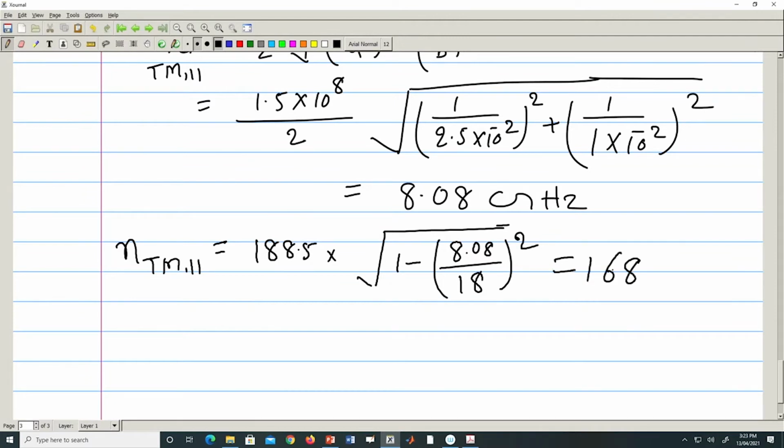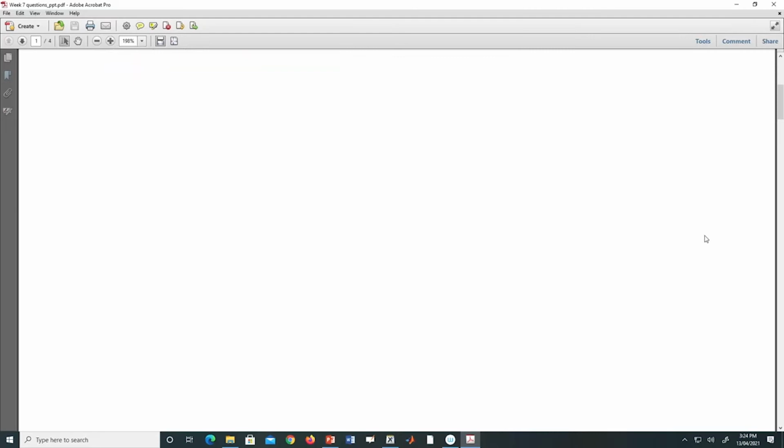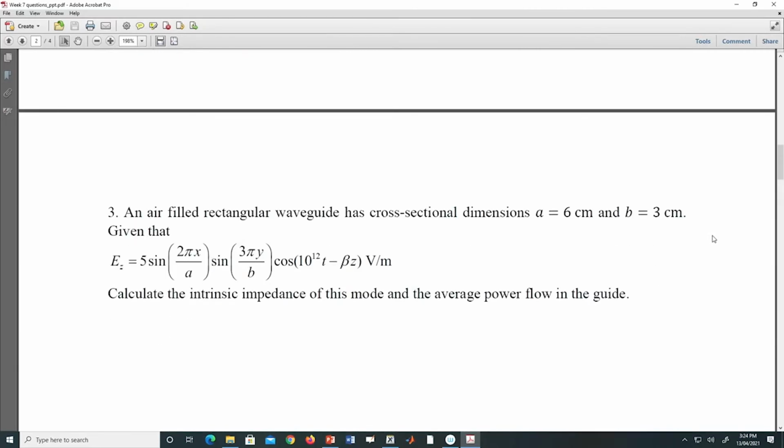Now we can go to the next problem. So, what is the wave impedance for the TE10 and TM11 mode of propagation? In the next part, an air filled rectangular waveguide has cross sectional dimensions a equal to 6 cm, b equal to 3 cm, given Ez is equal to 5 sin(2 pi x by a) sin(3 pi y by b) cos(10 to the power 12 t minus beta z) volt per meter.